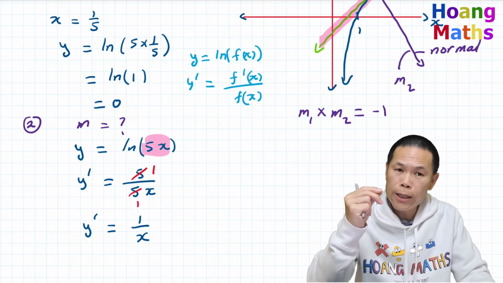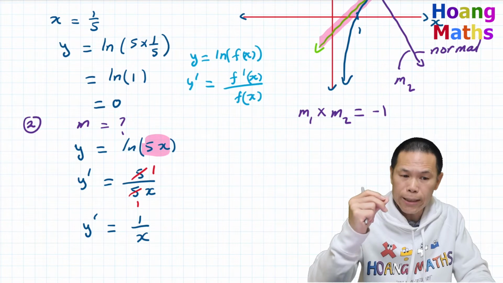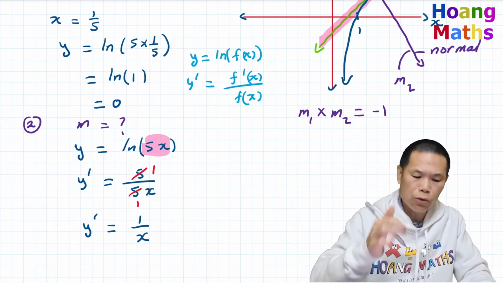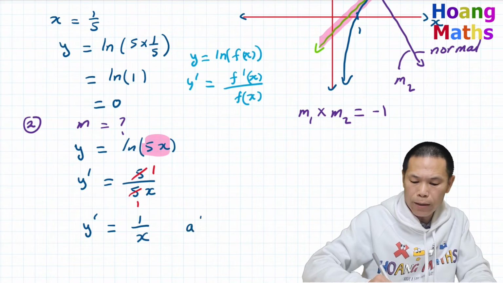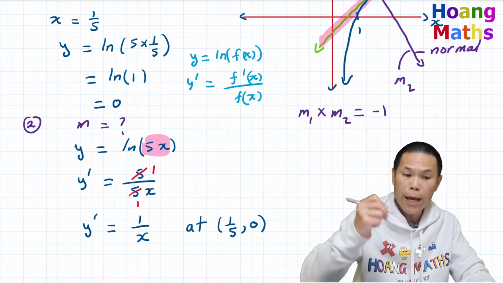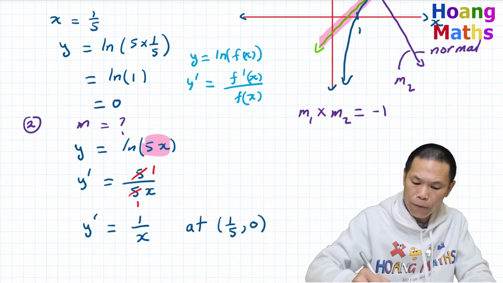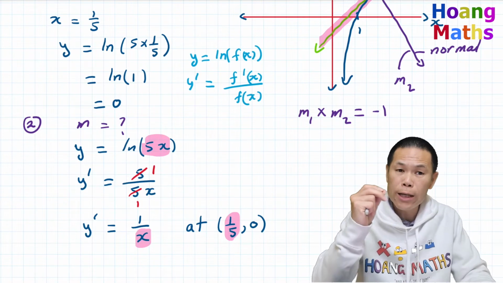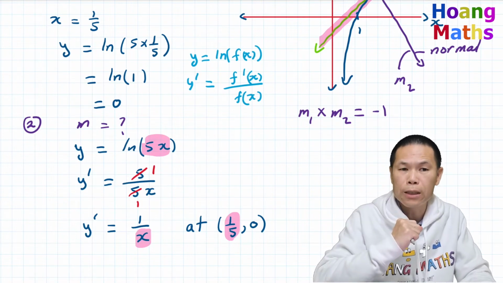To find the gradient of the tangent at the point (1/5, 0), we just substitute the point in. That means x is equal to 1/5. So we substitute 1/5 in here to give us the gradient at the point (1/5, 0).